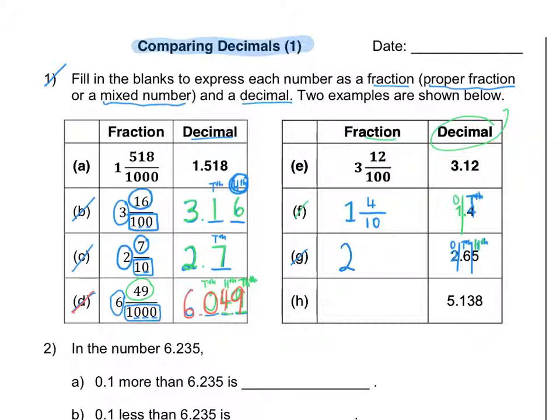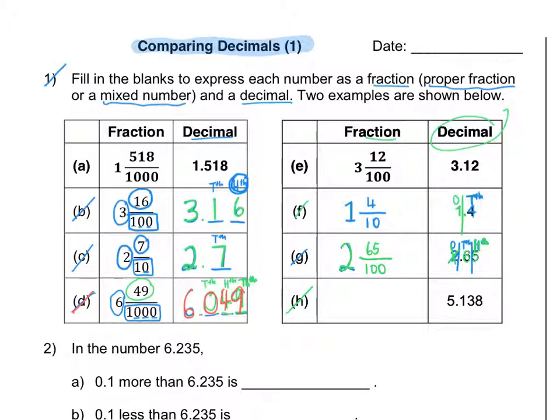That is the 100th place. So the fraction should be out of 100. Okay, so you have already taken out 2 wholes, we don't look at that. How many hundredths are there remaining? There are 65 hundredths. So the answer for part G is simply 2 wholes, 65 hundredths.